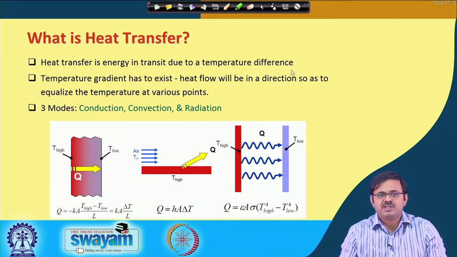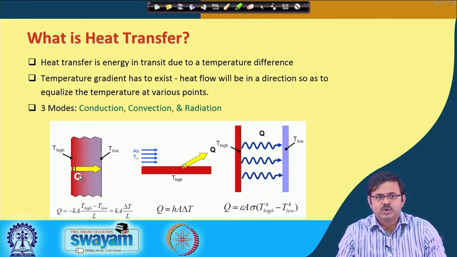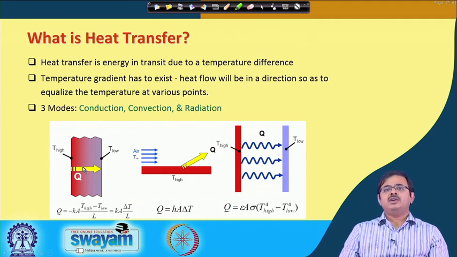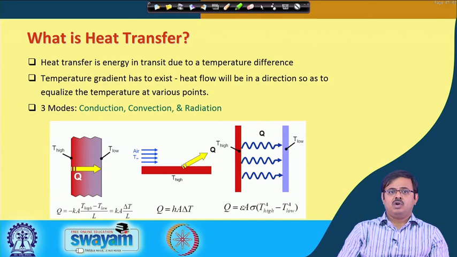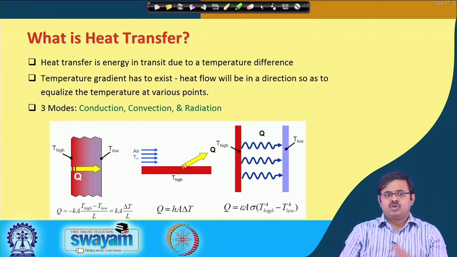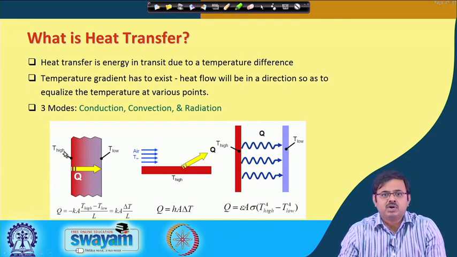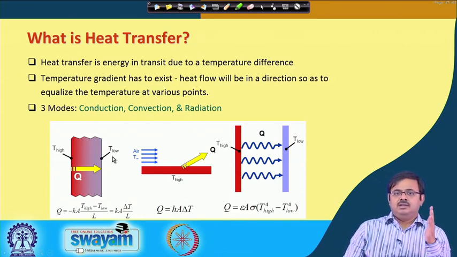So, if you have a slab as I am showing, you can think of it as a wall. If you look at a cross section of a wall, and there exists a temperature gradient across the wall, with a higher temperature on the left hand side and a lower temperature on the right hand side, then heat is going to flow.